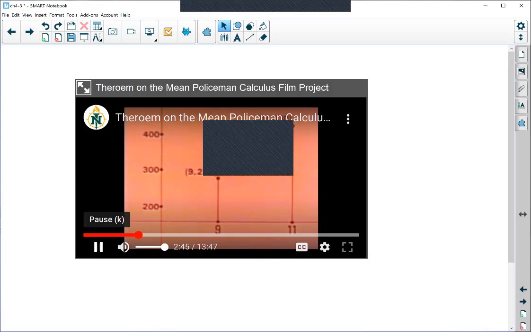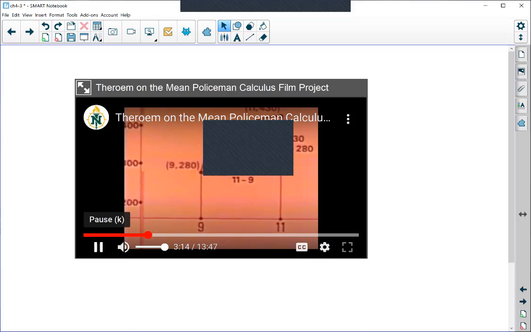Well, you know, he draws a little curved line between these points and says this is pretty close to the graph of that function f. He says this curve has a height that's how far from New York you are at any time t. Then he draws these two lines and says one is how long it took, 11 minus 9, and the other is how far you come, which is 430 minus 280.